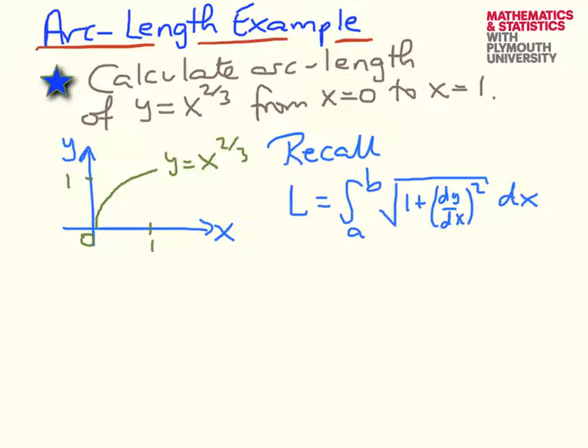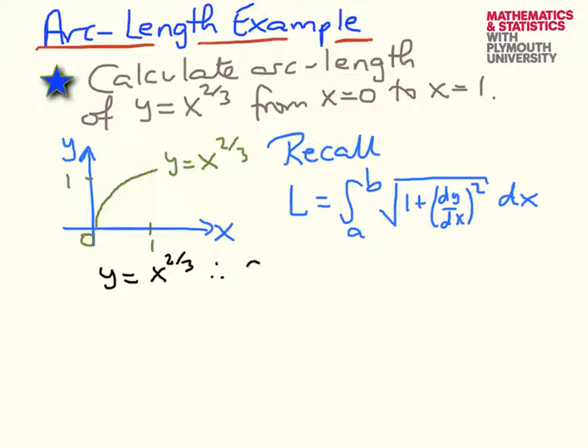I do this partly because I want to write less, and partly because I think it looks a less intimidating procedure if I just work out what this is first and then try to simplify it and only finally try to integrate it. So we have y is x to the 2/3.